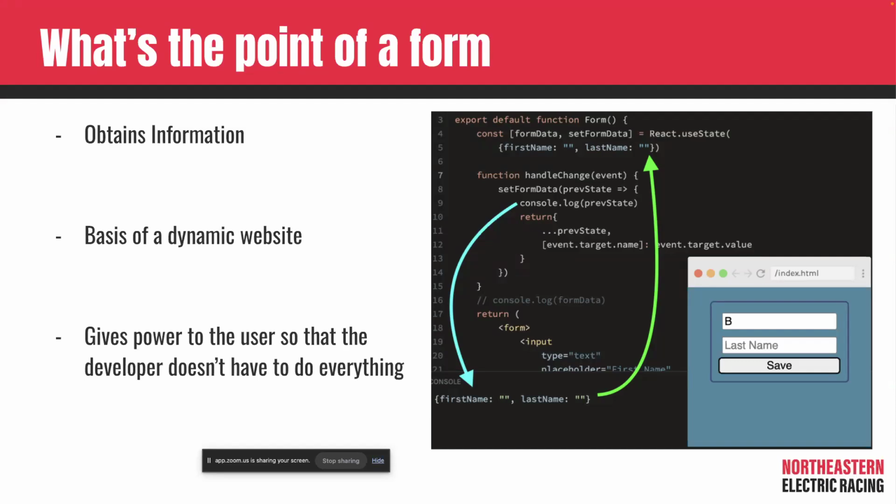And here, it kind of cuts off, but whenever a user enters something in, it's going to take this change and set form data to whatever the previous state was plus the target's name, which would be like first name, and then the target's value, which is B or whatever, if that makes sense.